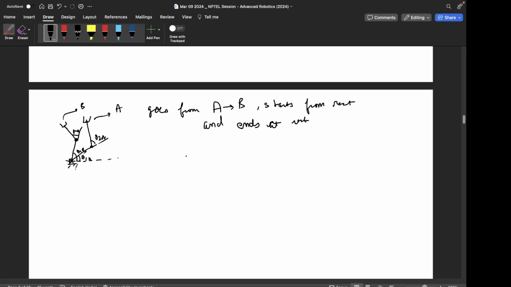So the information you would have is theta initial, theta end, theta dot initial, and theta dot end. Four pieces of information you generally have.